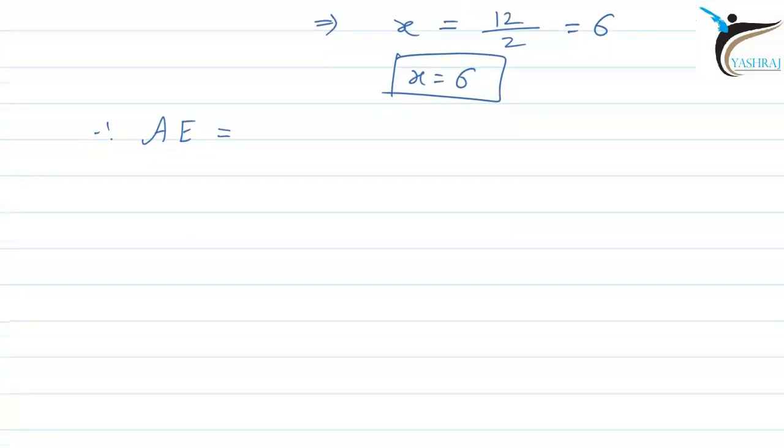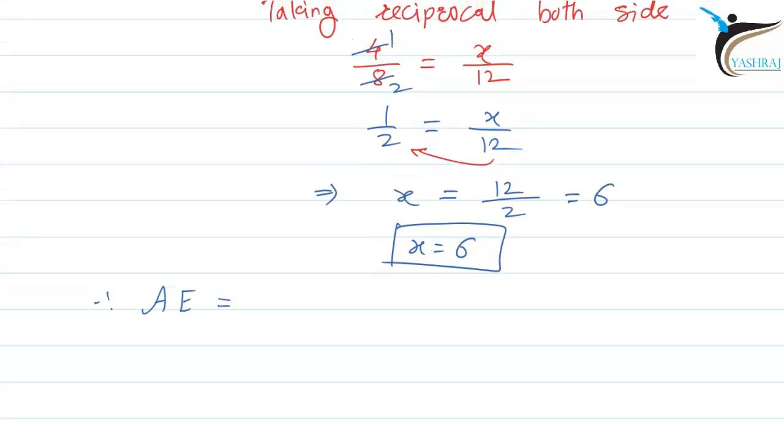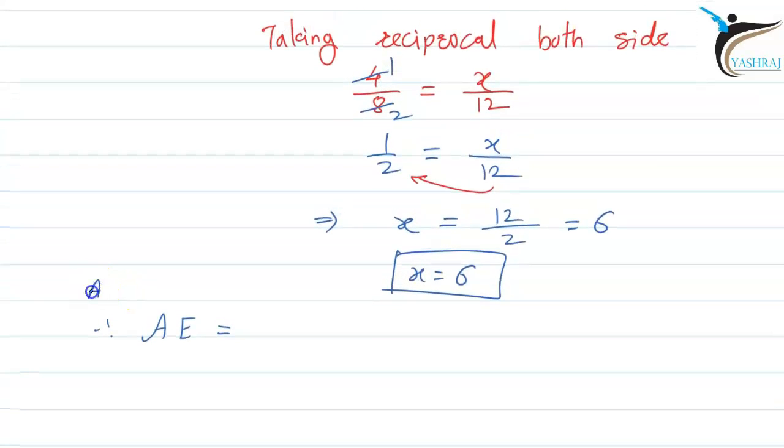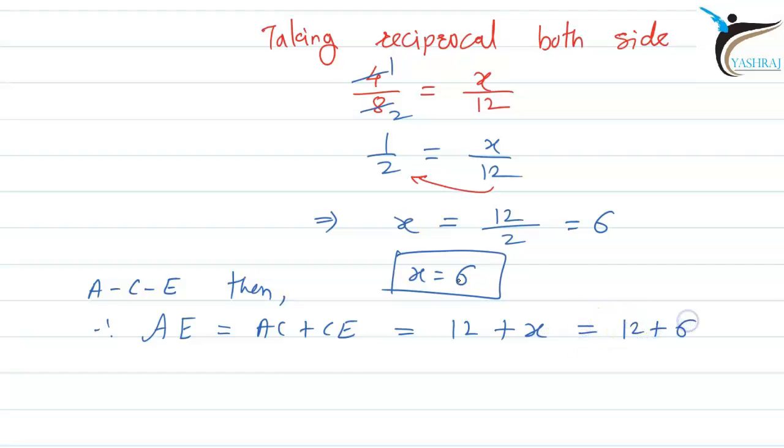So AE equals AC plus CE, 12 plus 6 becomes 18. So we get AE equals 18. Hence we have completed practice set 1.2.